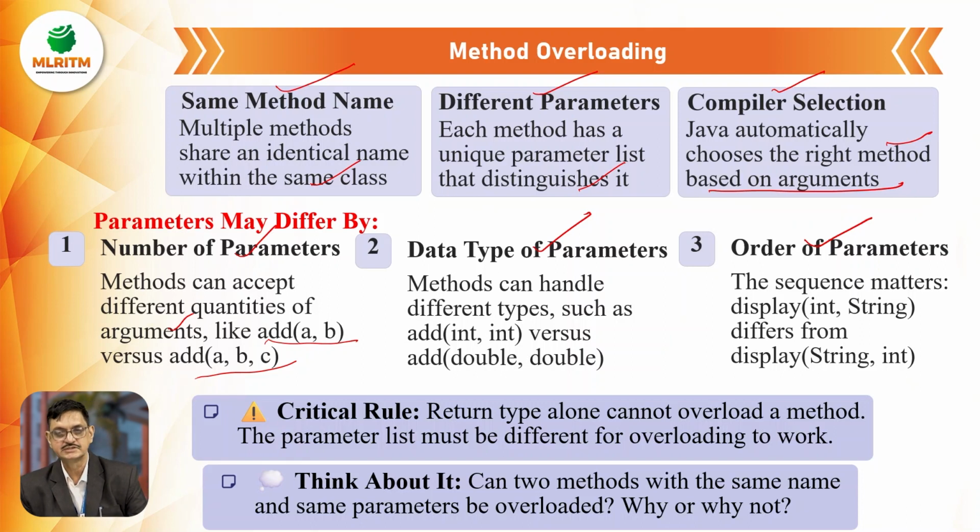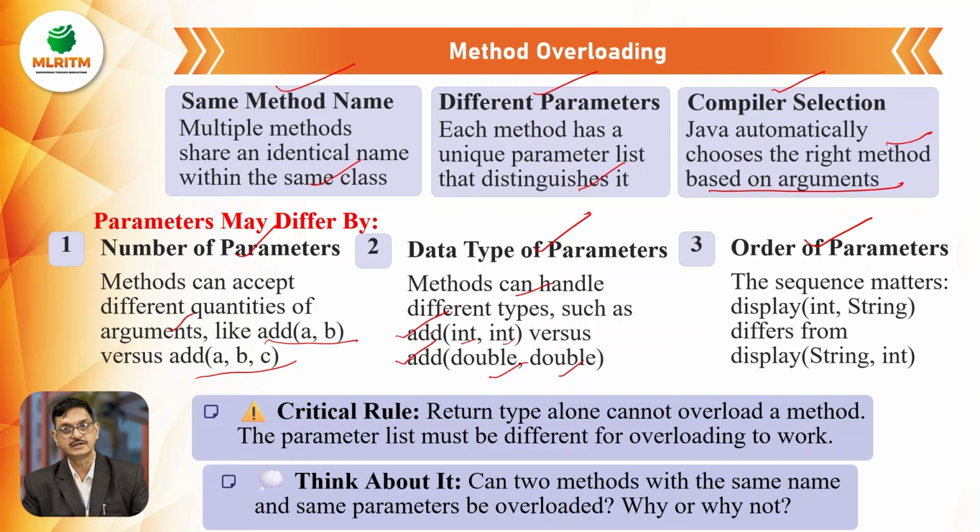Sometimes the number of arguments may be the same, but the data types of the parameters may vary. So methods can handle different types, such as add int or add double. The number of arguments is the same, but in one case we are adding two integer numbers, in the other case two double numbers.